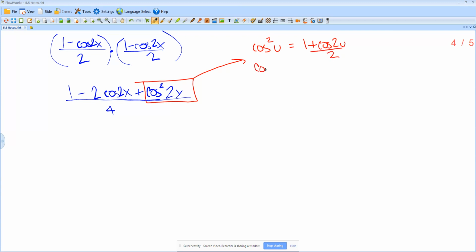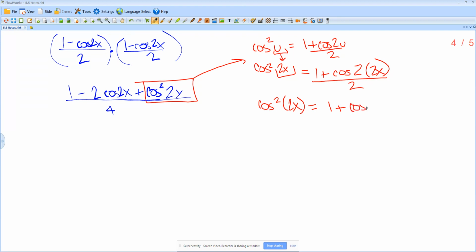So with that in mind, the cosine squared of 2x, notice that u is being replaced by 2x, will be equal to 1 plus the cosine of 2 times whatever the angle was. The angle in this case was 2x, over 2. So this becomes the cosine squared of 2x being equal to 1 plus the cosine of 4x over 2.